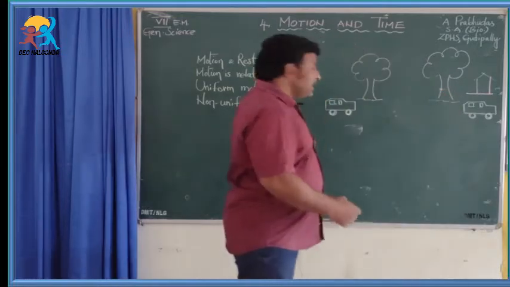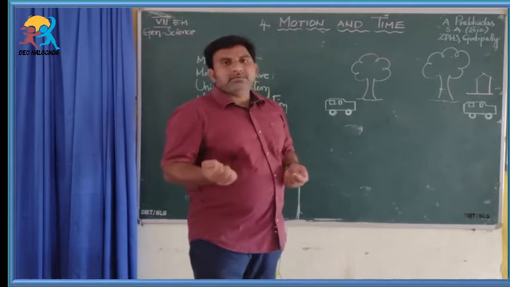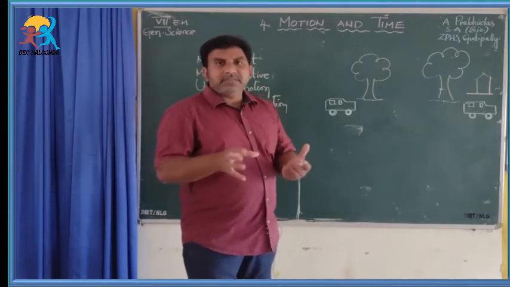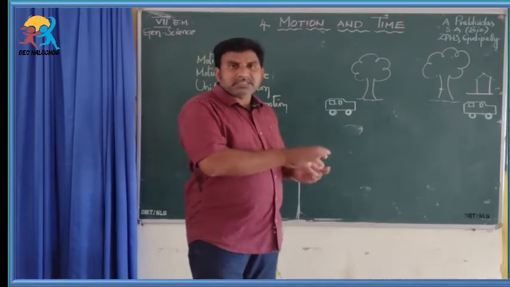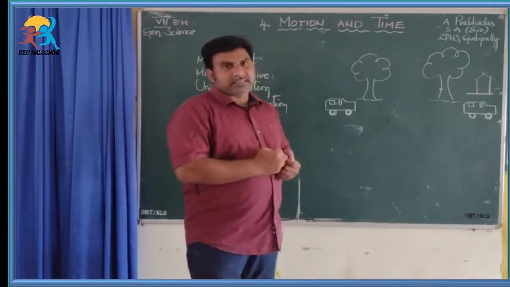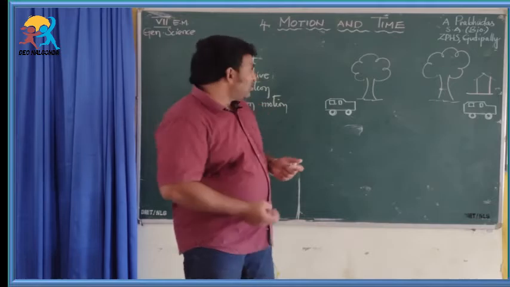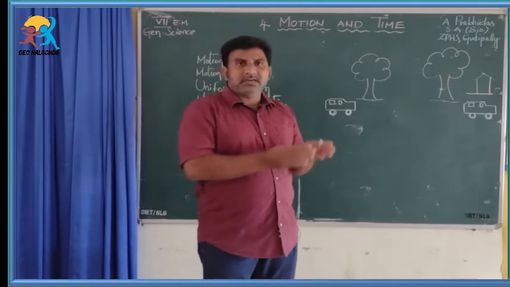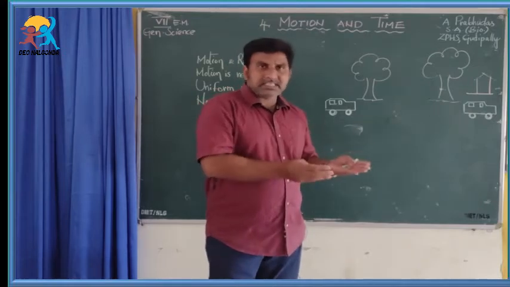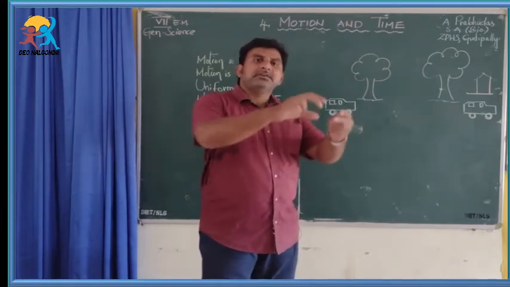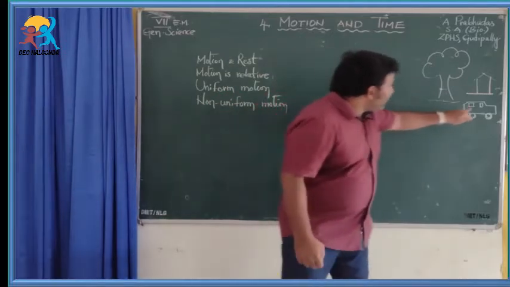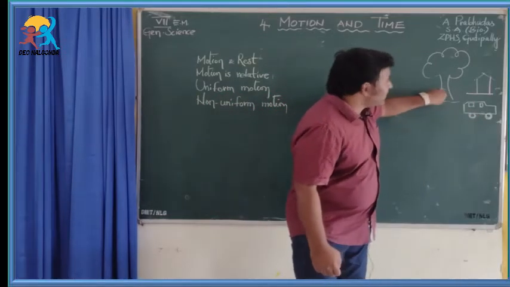So I can say that motion is a relative phenomenon, which means you cannot define motion without referring its position to the surroundings. Motion is a phenomenon in which the position of the object changes with respect to its surroundings. Here the position of the car is changed with respect to the tree.